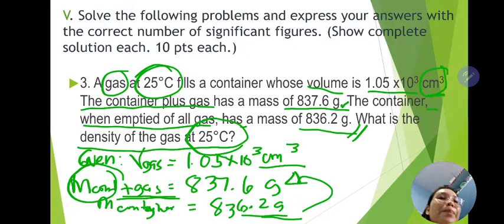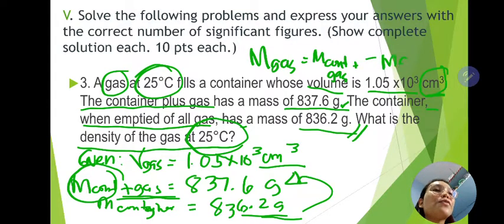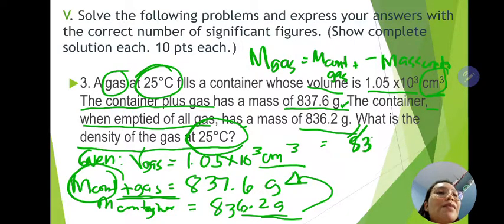So, for the mass of gas, we have mass of container plus gas minus mass of container. Okay, so that will be equal to 837.6 grams minus 836.2 grams.